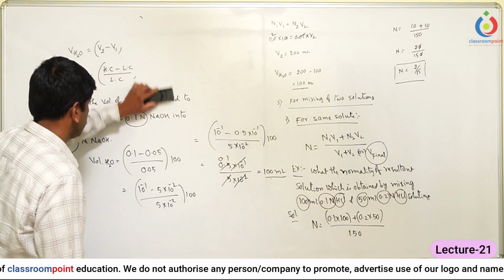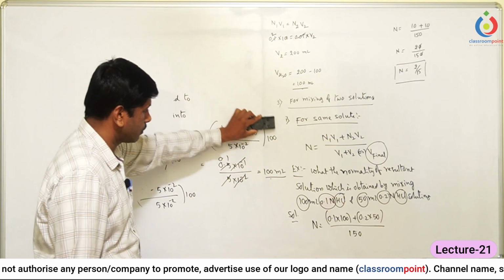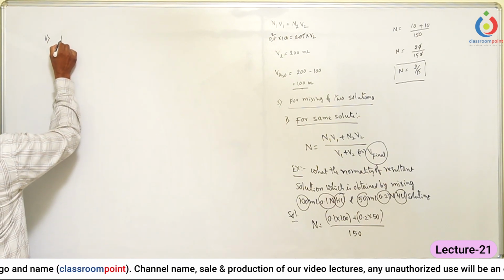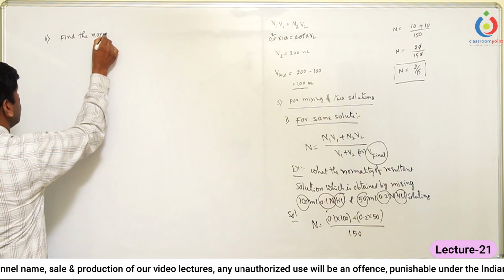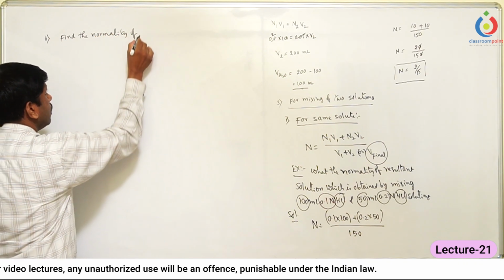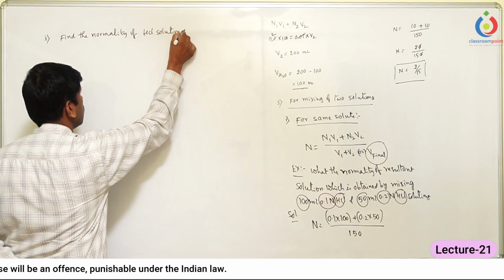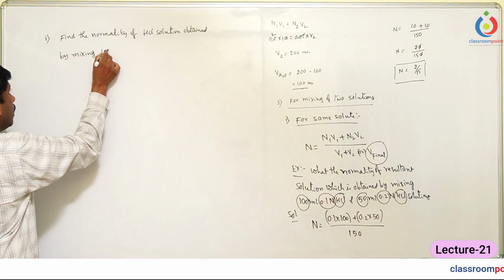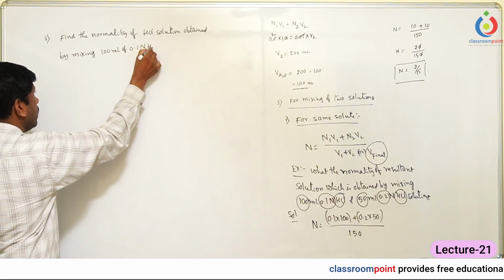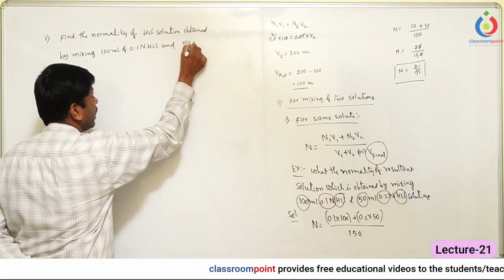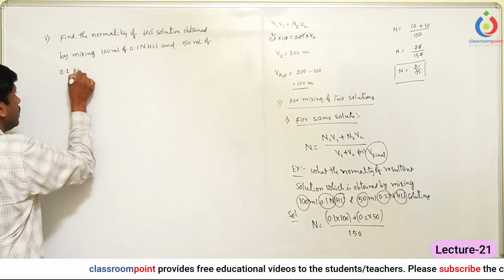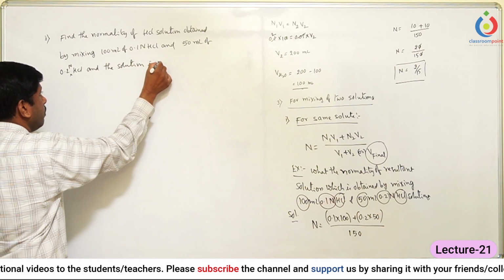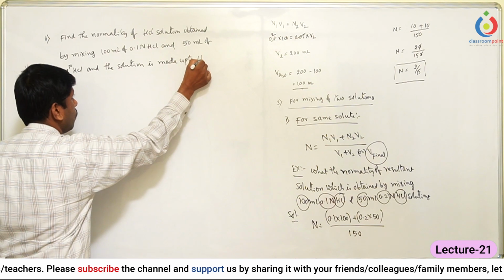Let us see that question also. The next question is: find the normality of the HCl solution obtained by mixing 100 ml of 0.1 N HCl and 50 ml of 0.2 N HCl, and the solution is made up to 1 liter.